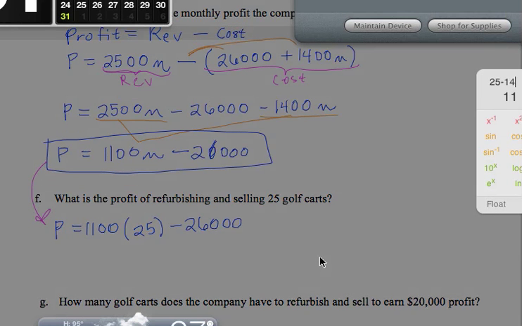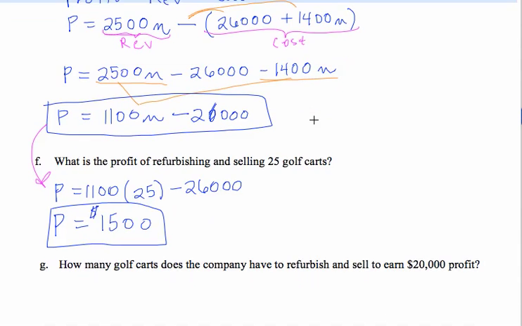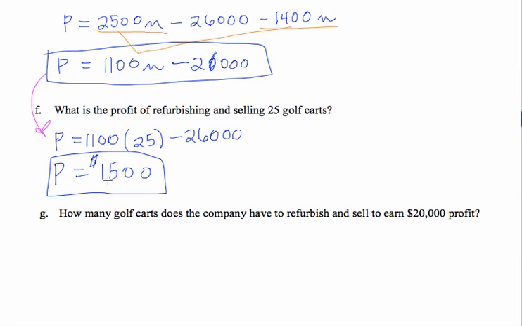So let's see. 1,100 on my calculator times 25 is 27,500 minus 26,000 is $1,500. So you make a profit of $1,500 if you refurbish and sell 25 golf carts in a month. Okay, so that's not a very big profit, I don't think. But at least they broke even, right?